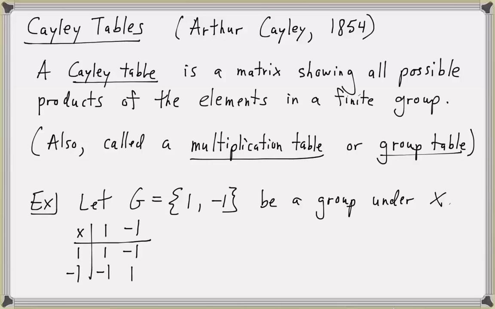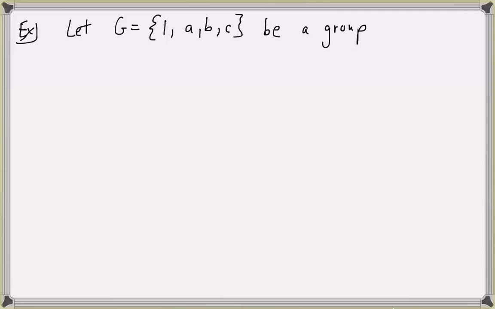Let's look at a little more interesting example. Let G be a group containing 4 elements, the identity element 1 and elements A, B, and C. And suppose this group has the following Cayley table.